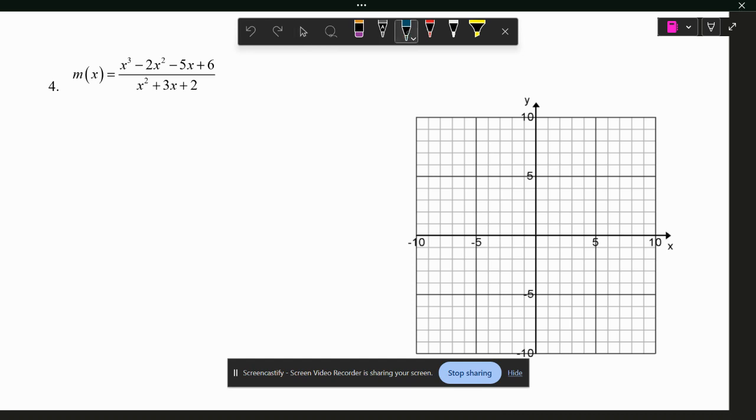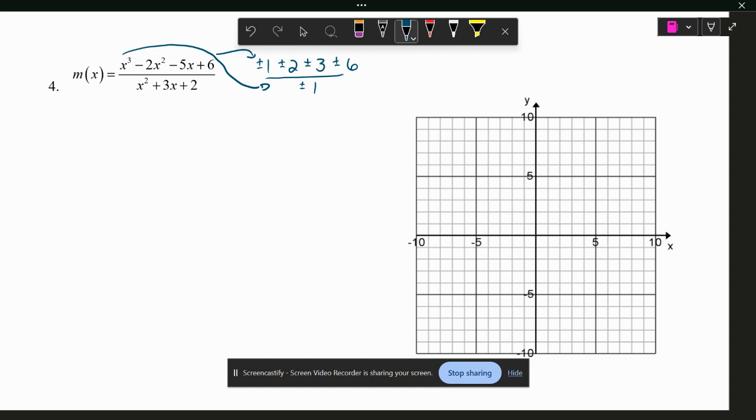So first off, let's talk about this numerator. My possible zeros could be plus or minus 1, plus or minus 2, plus or minus 3, and plus or minus 6, all over plus or minus 1. Okay, the factors of the constant divided by the factors of the lead coefficient.